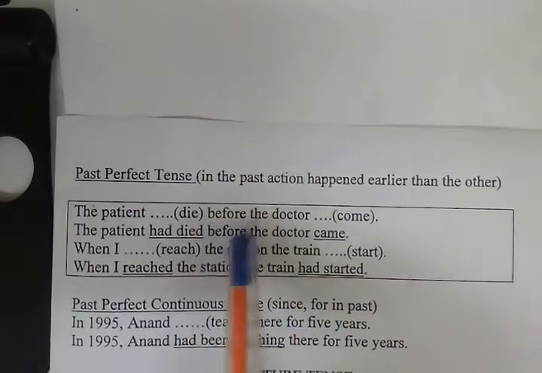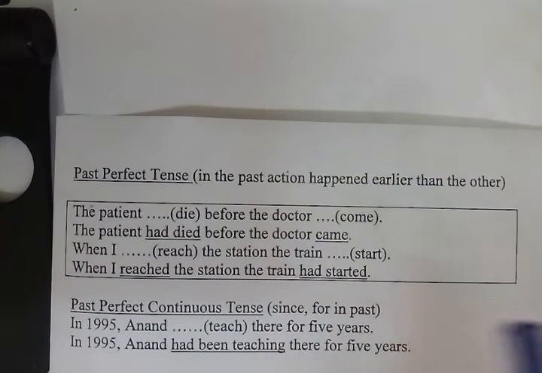This word before is also a clue for you. If you see the word before, that means the first part mentioned before the word has happened first, and the second part, which is after the word before, happened later.